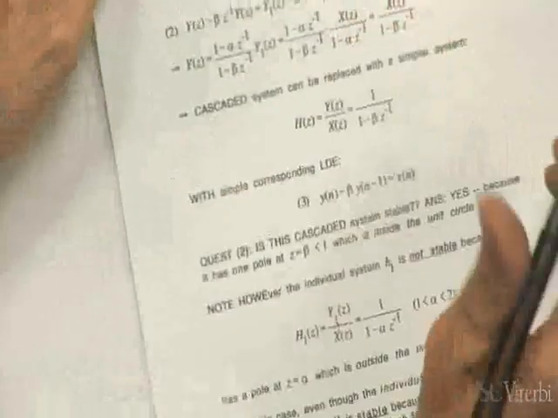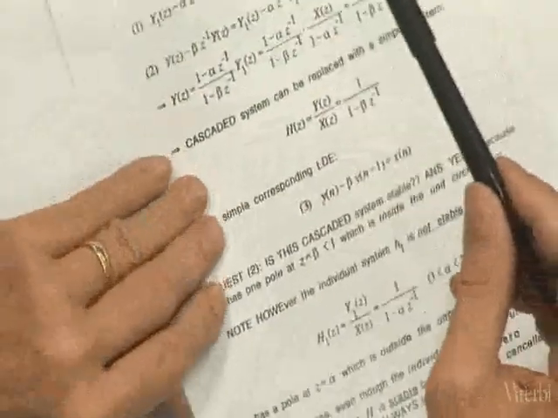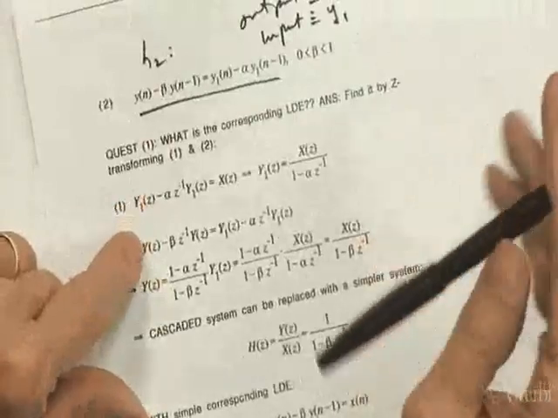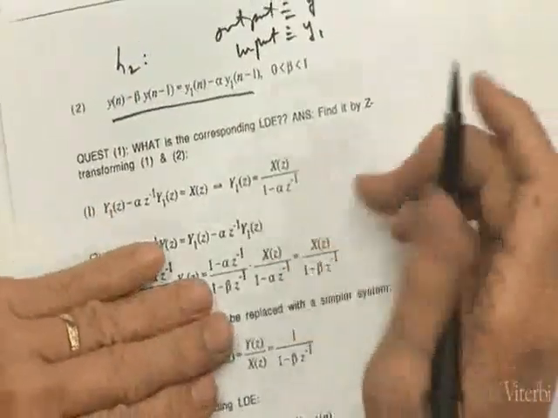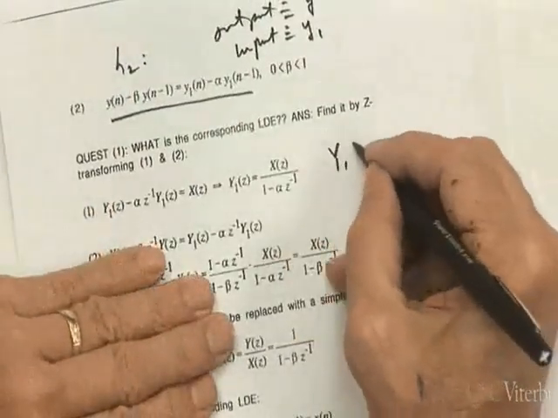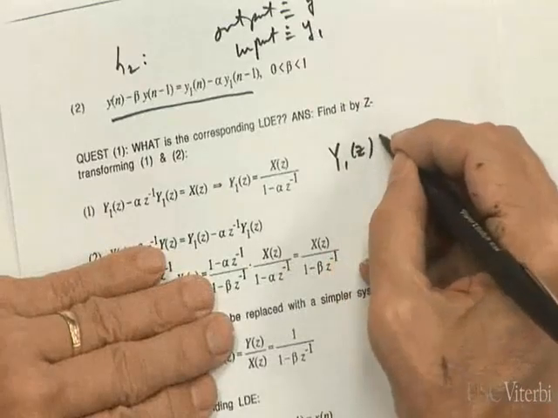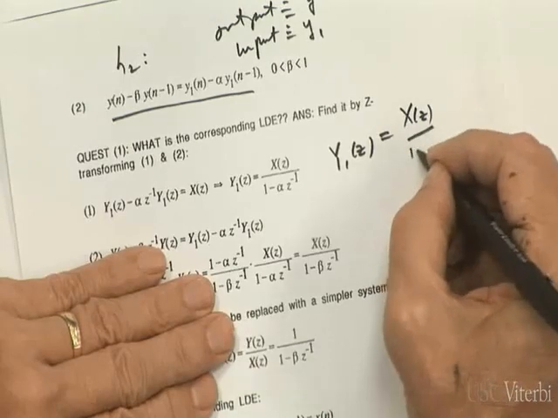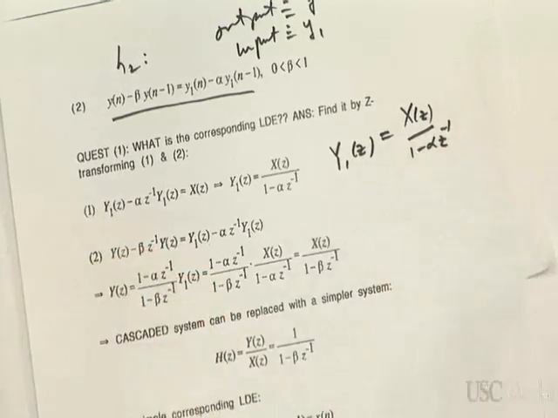Do this. Use the Z transforms. For that first system, you will find that you get a result for y1 of z equal to x of z over 1 minus alpha z inverse.